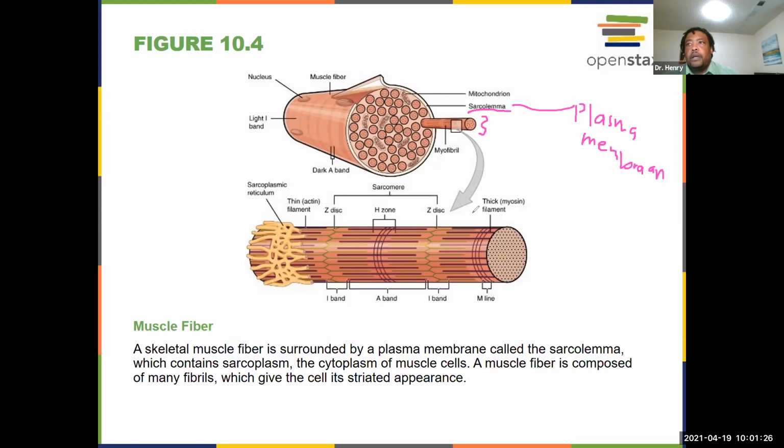And remember with skeletal muscles, how it's multinucleated, right? You can see your nuclei towards the edges of that muscle fiber. So this muscle fiber is one entire whole cell, okay?